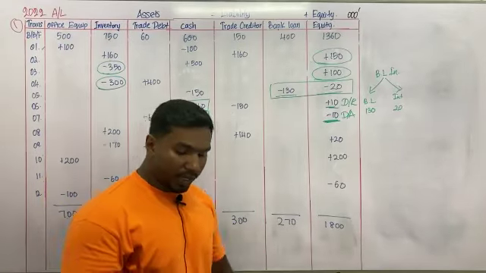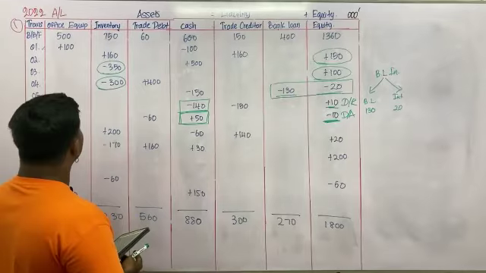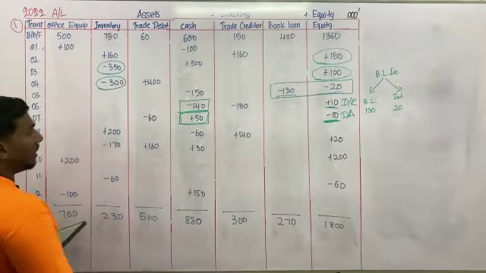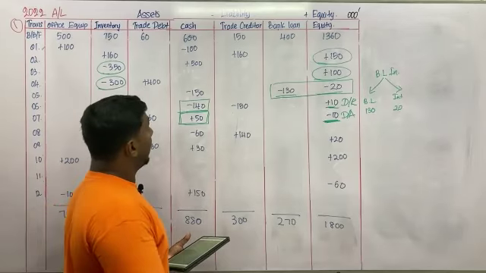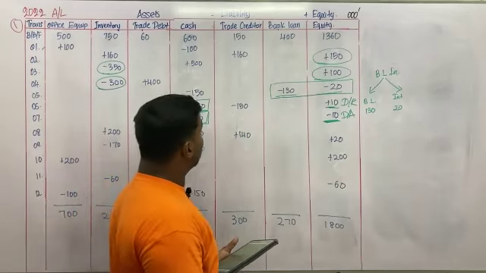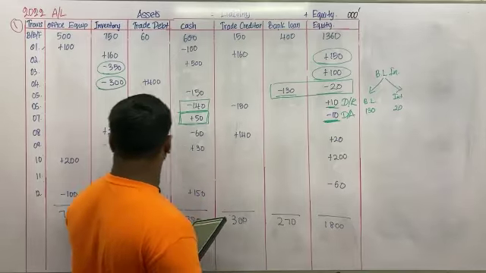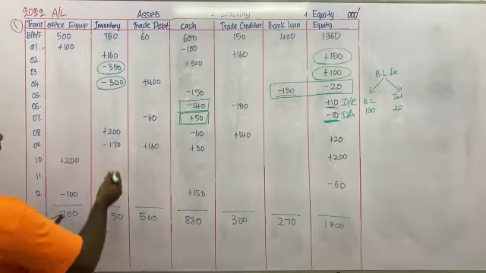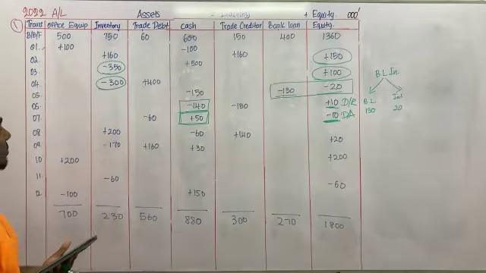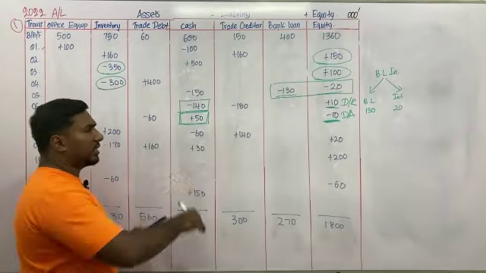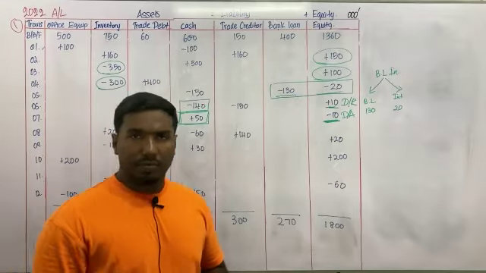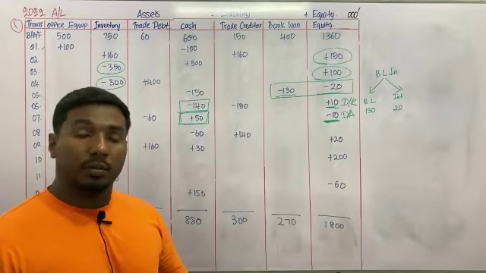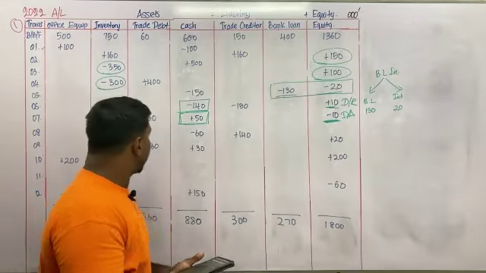Transaction number 8. Plus 200 in the inventory, cash minus 60, trade creditors plus 140, which means inventory increasing 200, cash decreasing 60, and trade creditors increasing 140. What is the transaction?